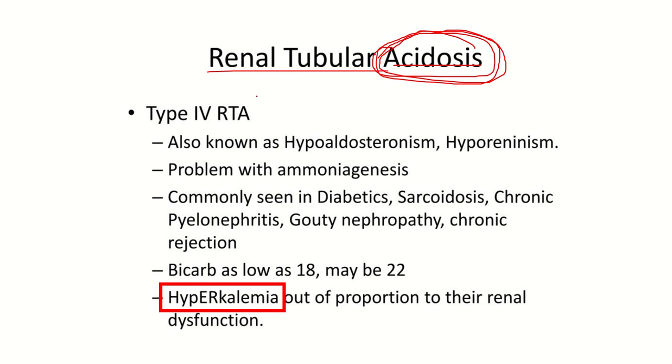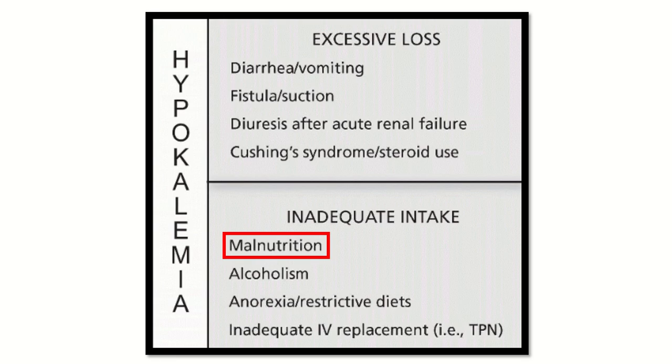There are four types of renal tubular acidosis. One of them is type 4 renal tubular acidosis, also known as hypoaldosteronism and hyporeninism, and it causes hyperkalemia in the blood.